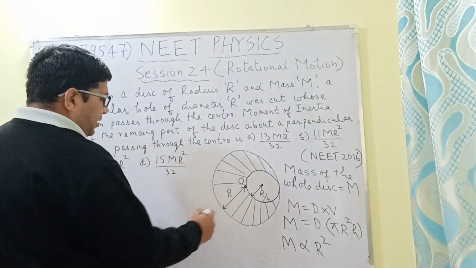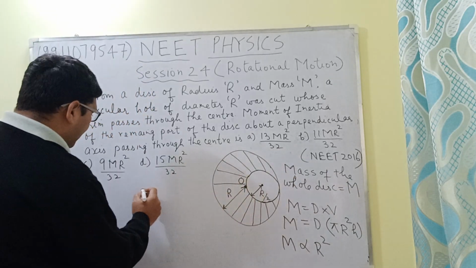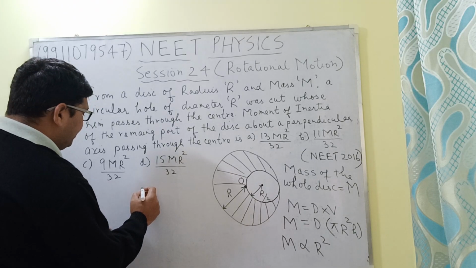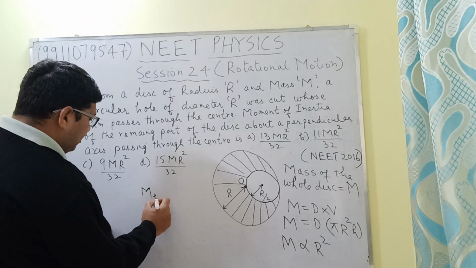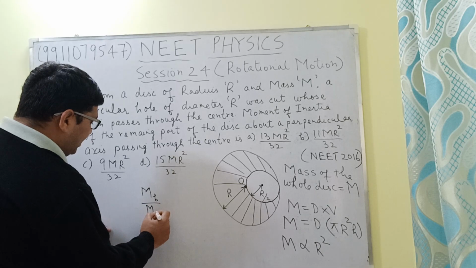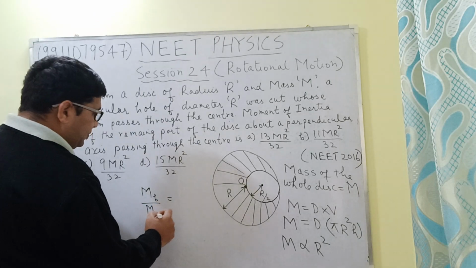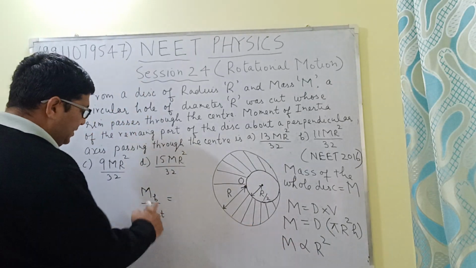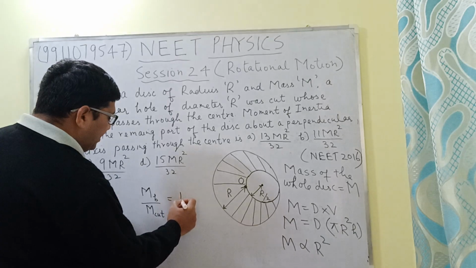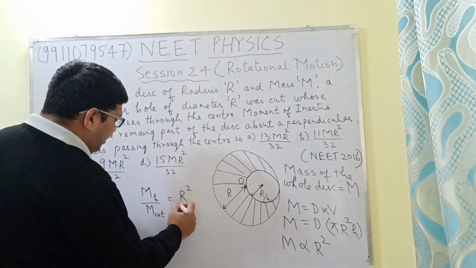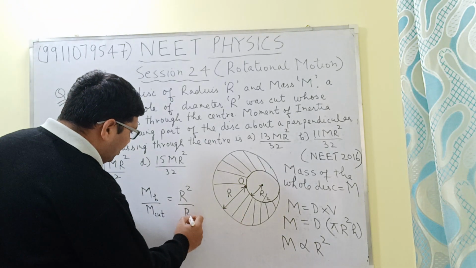So if the mass of the bigger disc, the whole disc, is denoted as m b, and the mass of the cut disc as m cut, then the ratio is proportional to r square divided by r by 2 whole square.